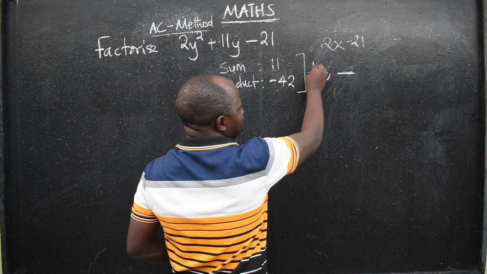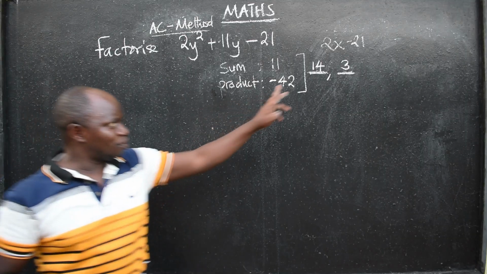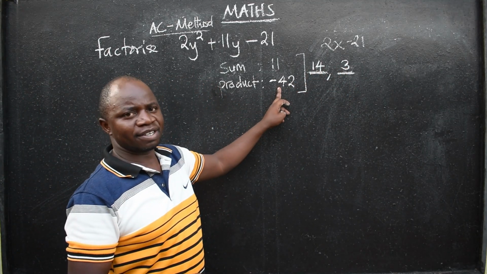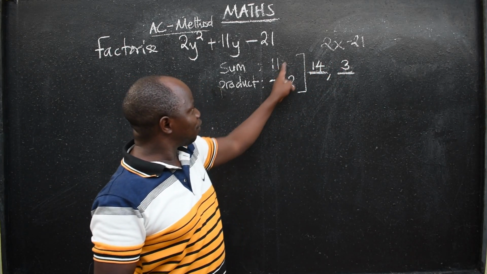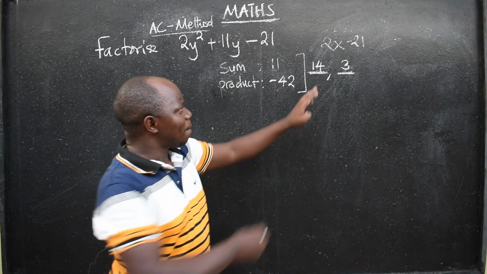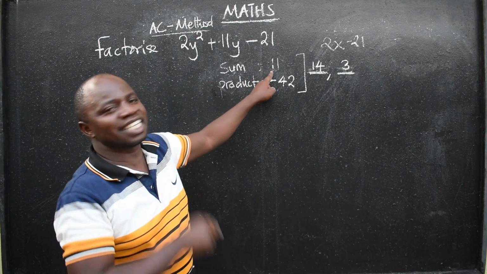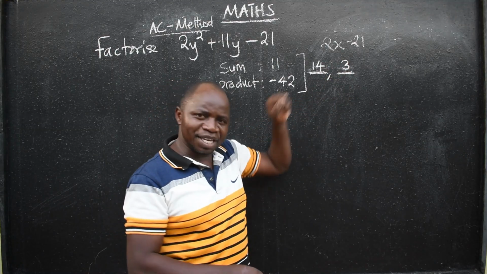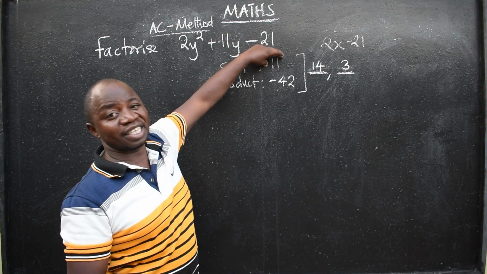Well, you can agree with me that it will be 14 and 3. So those are the two numbers, 14 and 3. When you multiply them, you get 42. When you add them the way they are, you will find that you're not getting 11. Meaning one must be negative in order for you to get 11.